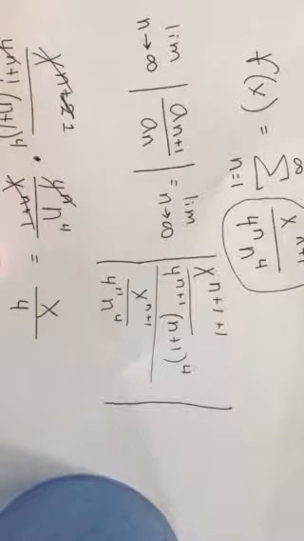So that turns into x over 4. And this transfers over, and that transfers over. Sweet.